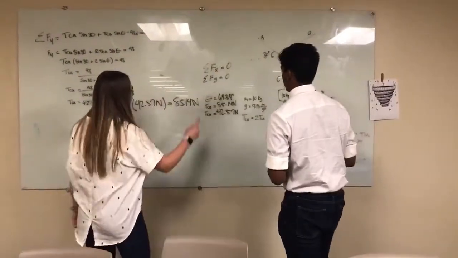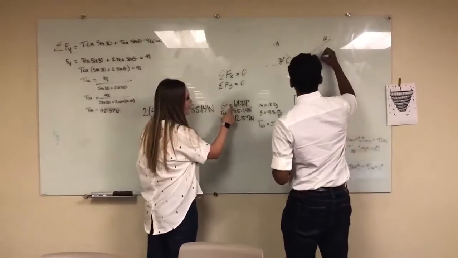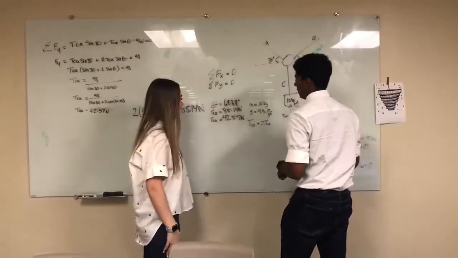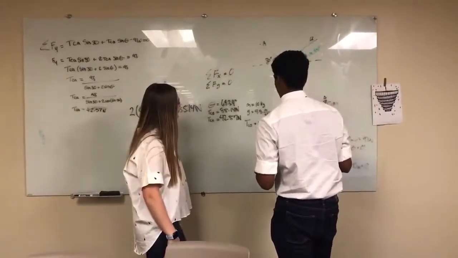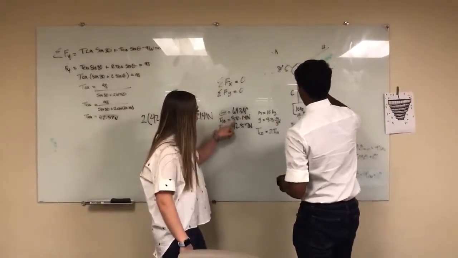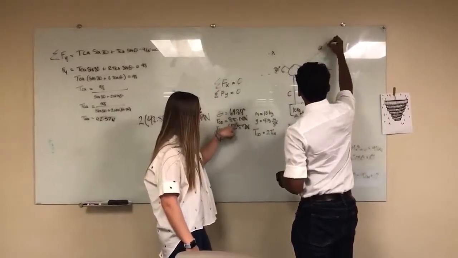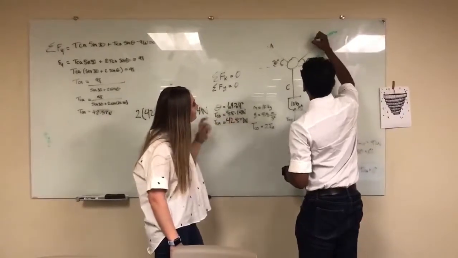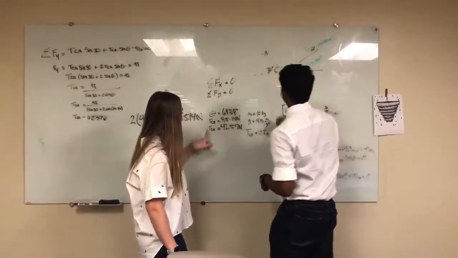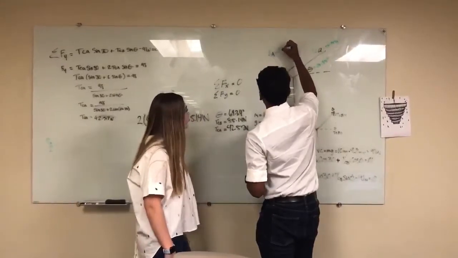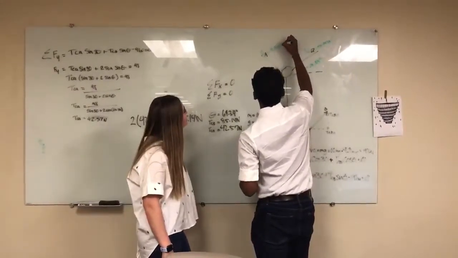For theta, we got 64.34 degrees. So theta equals 64.34 degrees, right? Yes. And then she solved for the tension in cable CB, which was 85.14 newtons. And the tension in TCA was 42.52 newtons.